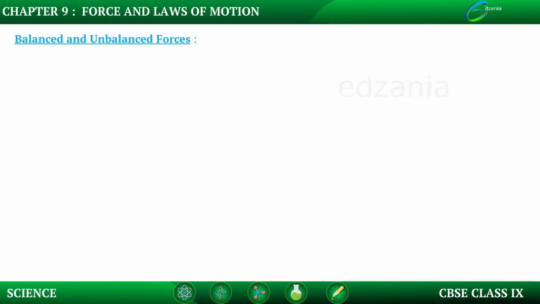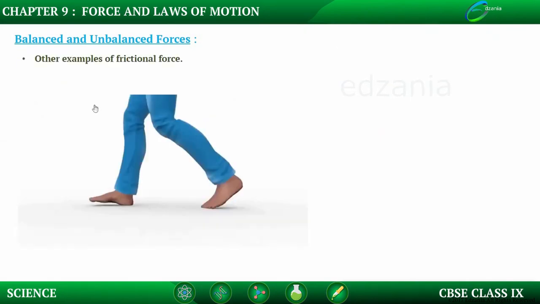Let us consider some more examples of frictional force. Students, have you ever thought, how do we move? In this example, we have considered a person walking on the ground. Here, the two surfaces are the lower surface of this man's feet, and the surface of the ground on which this person is moving. So, there must be a frictional force acting between his feet and ground.